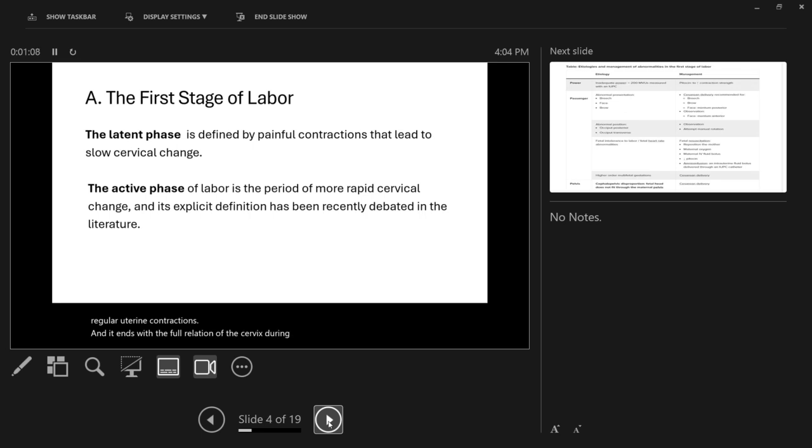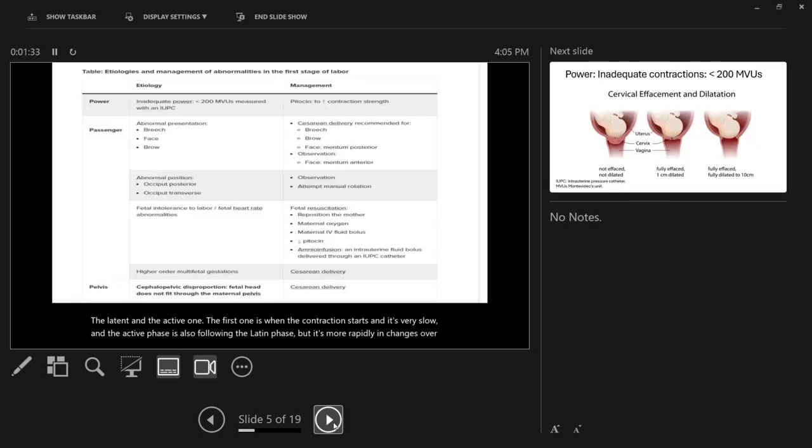During the first stage of labor, we can differentiate two phases, the latent and the active one. The first one is when the contraction starts and it's very slow, and the active phase follows the latent phase, but it's more rapid in changes over the cervix.